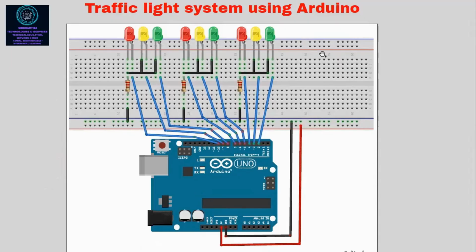You can start with a simple project, the traffic light system using Arduino. Those who want to follow it, I've already made a video on this. There is a separate project video series. You can directly go and check it. So beginners, I suggest you start with the traffic light, how it works, simple and good.